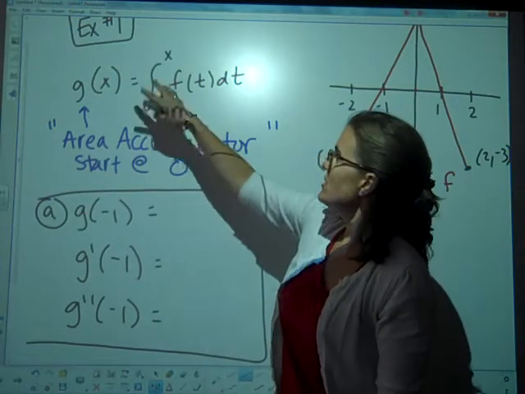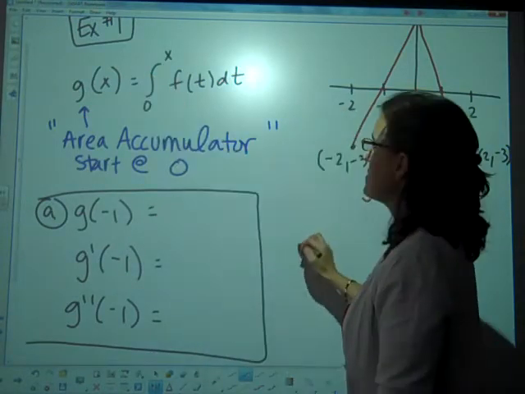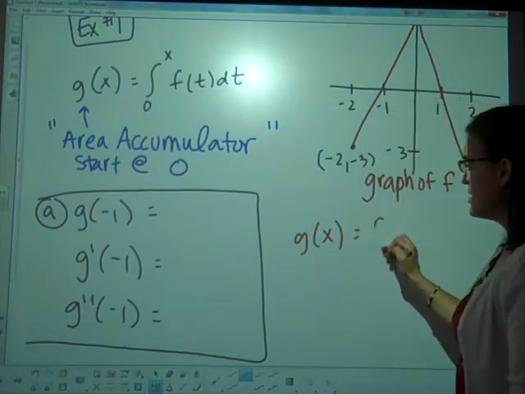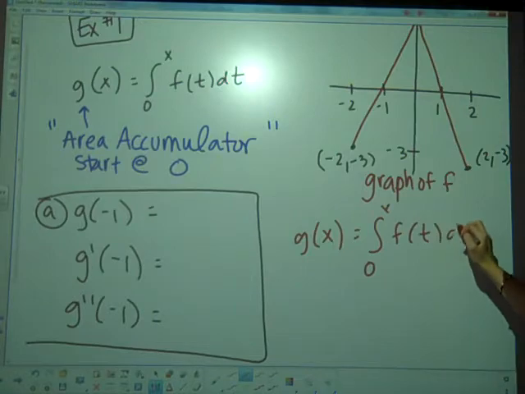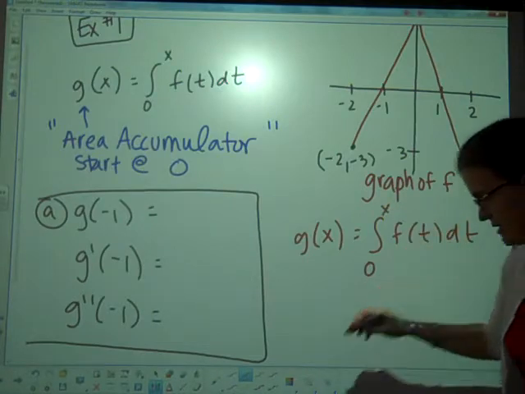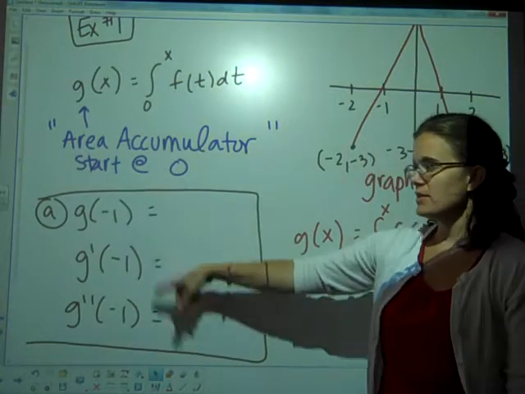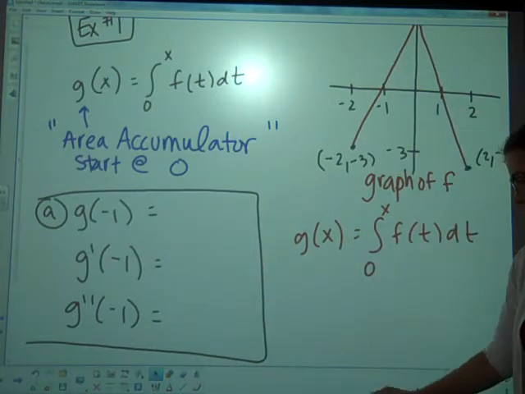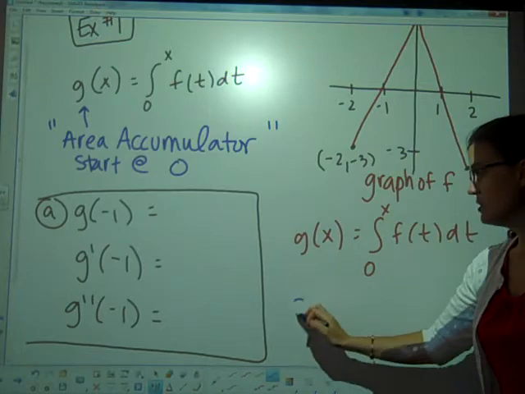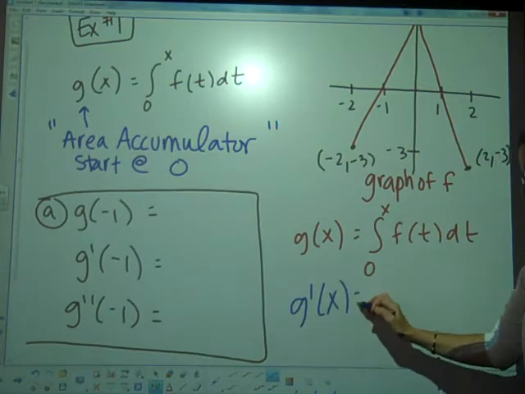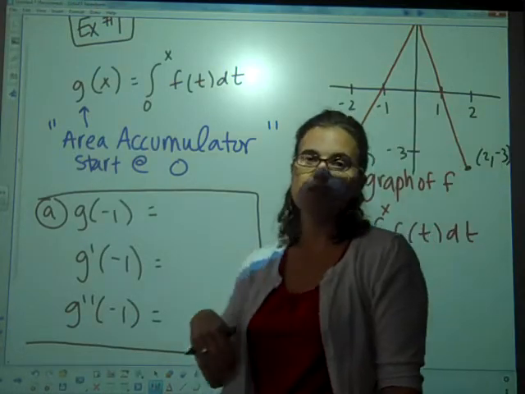Okay. So let's make sure we're really good at taking this statement, this g of x equaling an integral from a number to a letter along some other function, and just generalizing it for any x, and then we can specifically plug in -1. So if g of x is the area accumulator from 0, g prime of x would be the derivative of this integral.